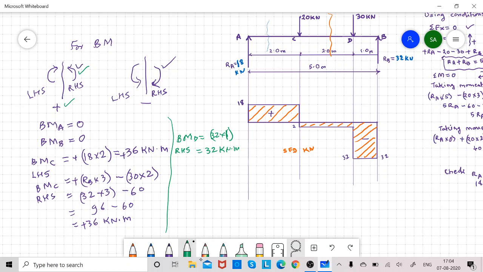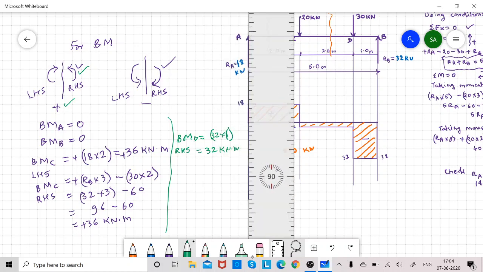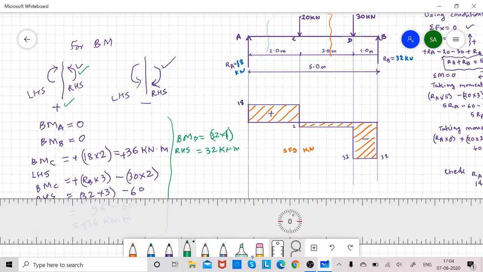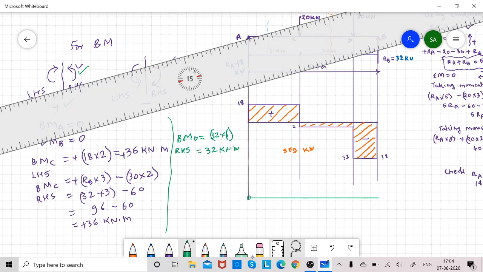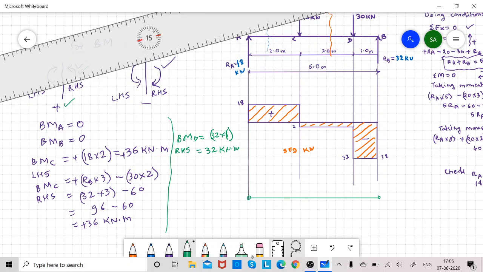Now to draw the bending moment diagram, let us first draw the baseline. This is the baseline. Now mark the bending moment at each point. At A it is 0, at B it is also 0. Then bending moment below the point C is 36 kilonewton meter, and bending moment below point D is 32 kilonewton meter, so slightly below that.